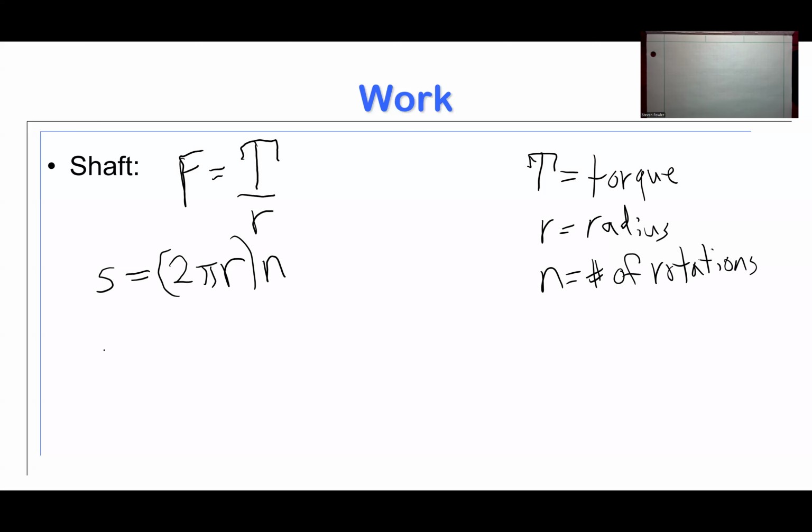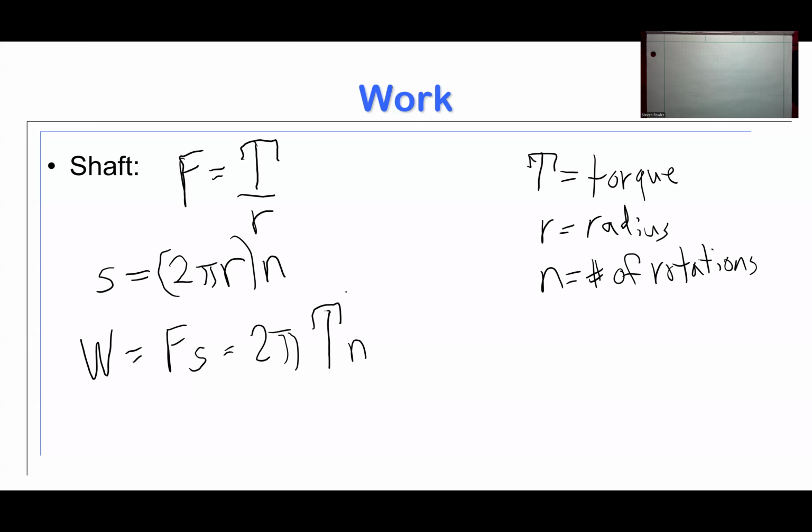As long as the radius and the torque are constant, if we're applying constant torque, then the work is just force times distance, no integral needed because everything's constant. Torque divided by R times 2 pi R N simplifies to 2 pi times torque times the number N.